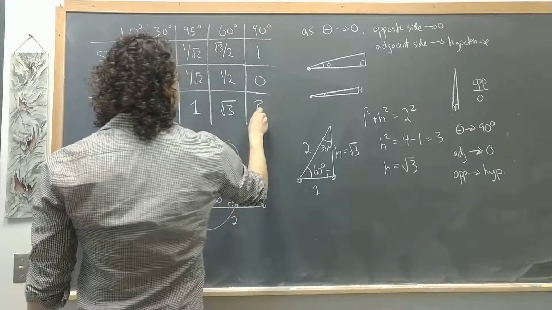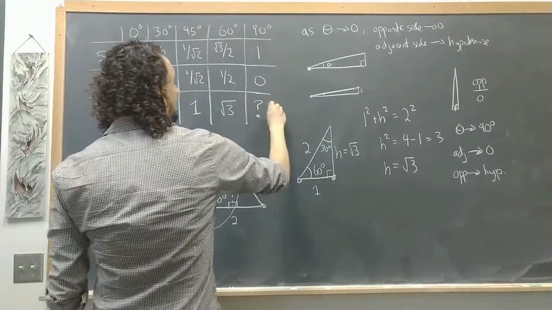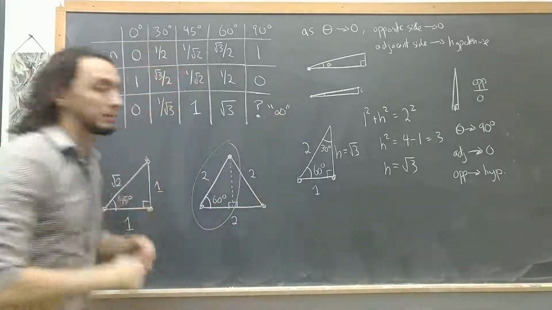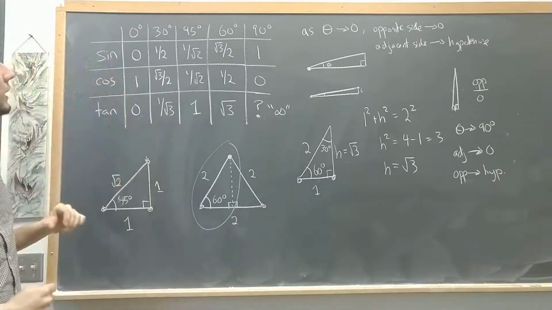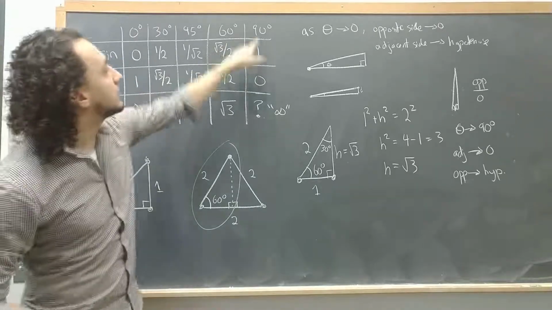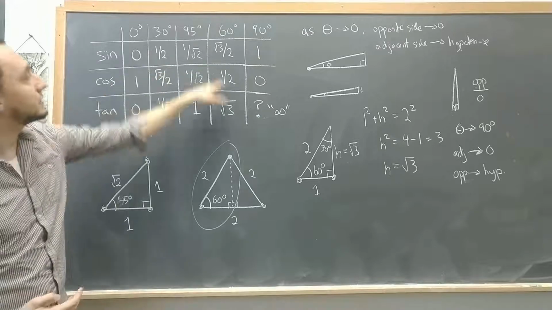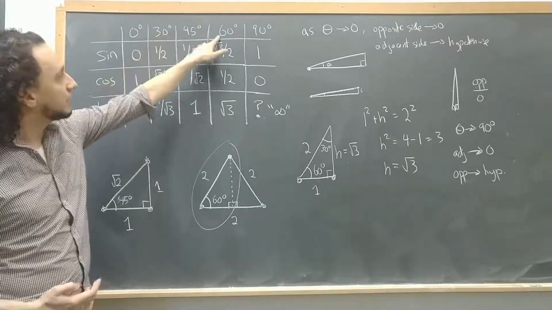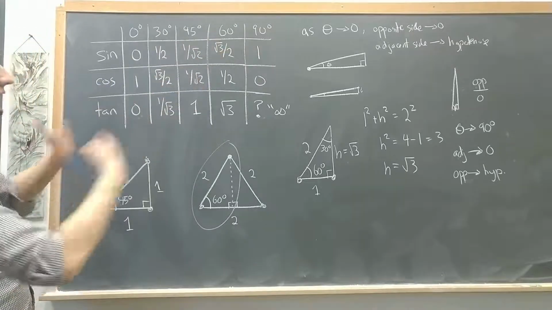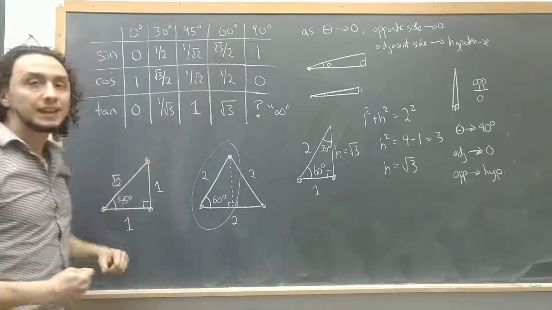So this entry in the table looks like it requires us to divide by 0, which sometimes we might think of as being something like infinity. Right now I'll put it as a question mark, and we'll formalize the values in this column in another video. But here we have, at least in the center here, the common trigonometric ratios for these three angles, and the sort of inferred values of these three functions also for 0 degrees and 90 degrees.